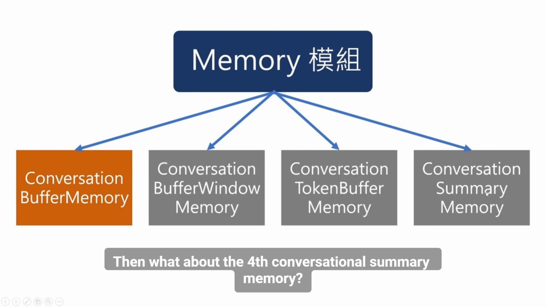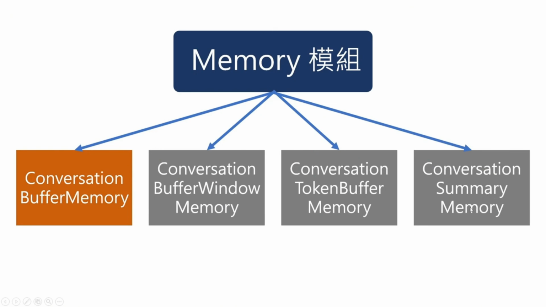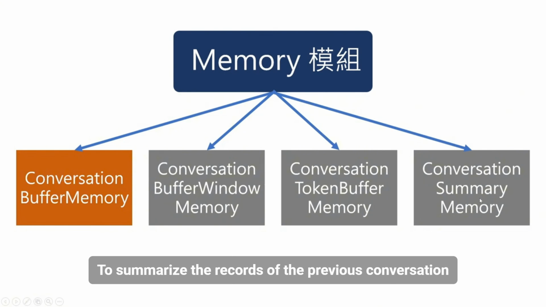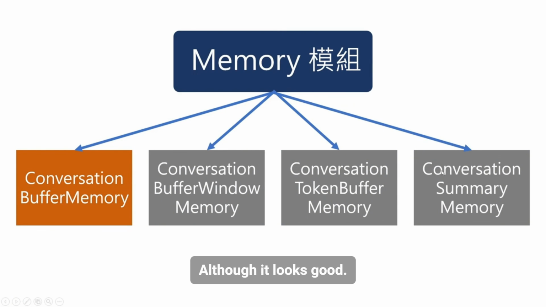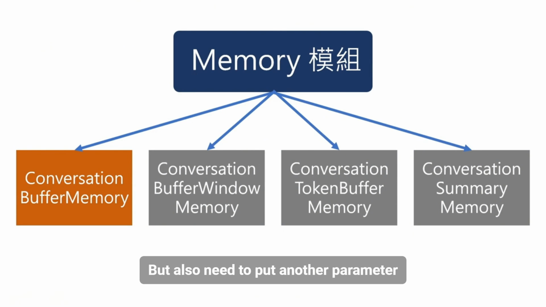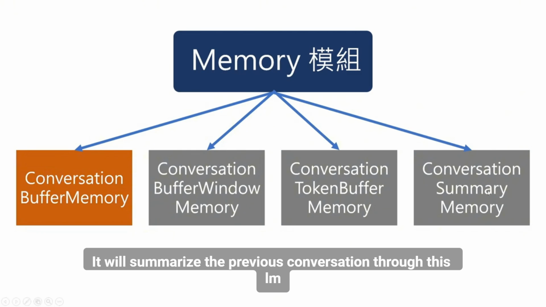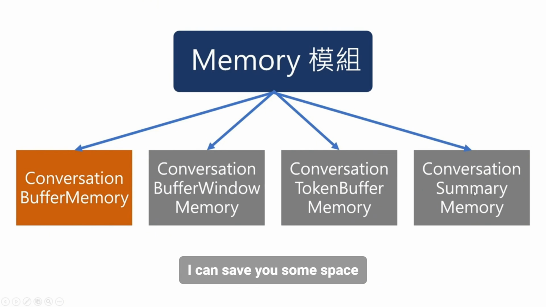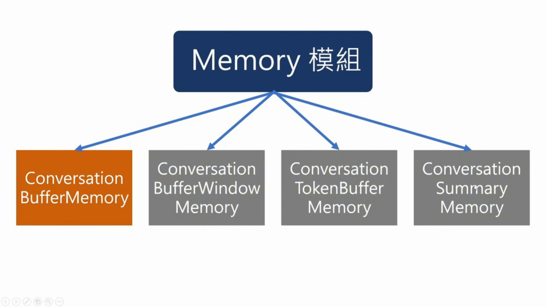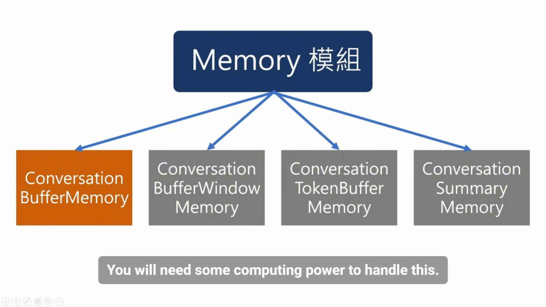Then what about the fourth, the conversation summary memory? Its purpose is to summarize the records of the previous conversation. Although it looks good, you also need to pass another parameter, the LLM. In this case, it will summarize the previous conversation through this LLM. It can save you some space, but you will need some computing power to handle this.